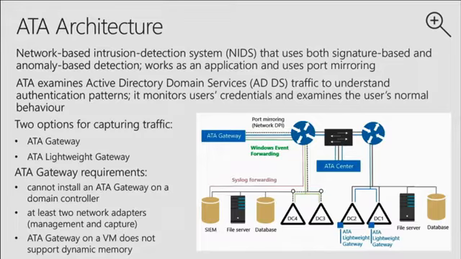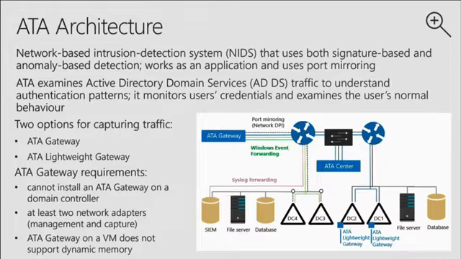You have the opportunity to install the ATA Lightweight Gateway directly on a domain controller, monitoring the logon attempts directly on that domain controller, or to install ATA Gateway, which serves more domain controllers.